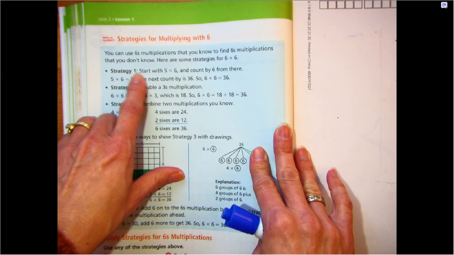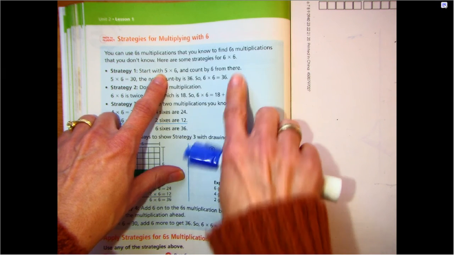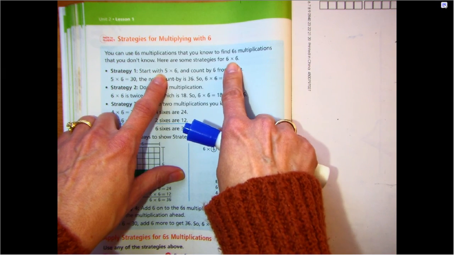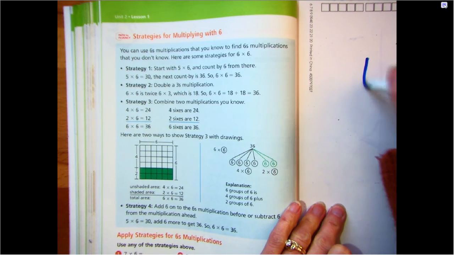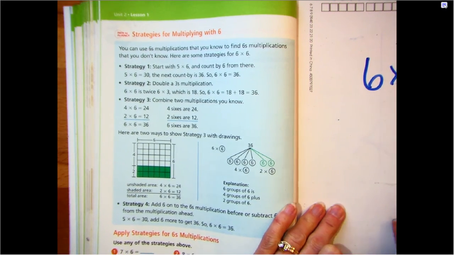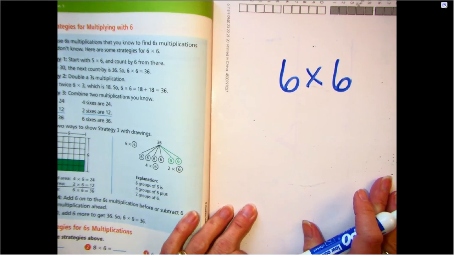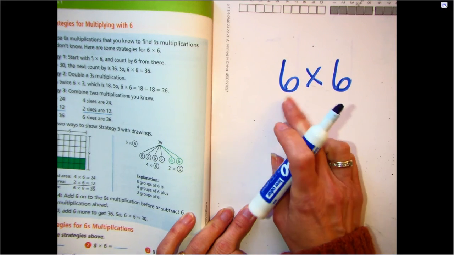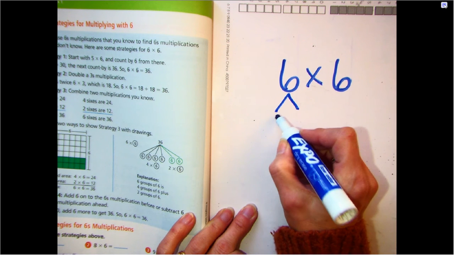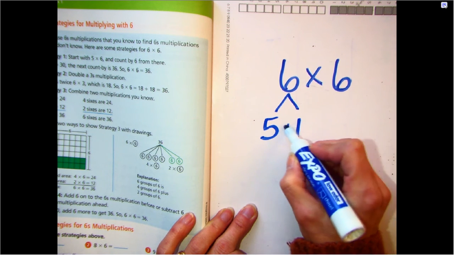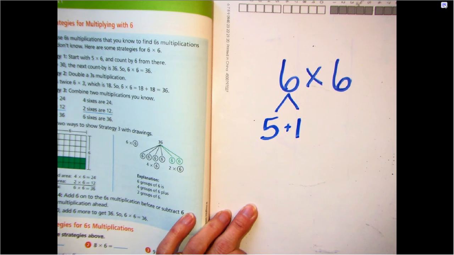Here's one way that you can remember how to do it. So let's say you're going to try to figure out 6 times 6, okay? So I'm going to write that over here. 6 times 6. That would be 6 groups of 6. Okay, well, if I think about it, I can split my 6 up into a 5 plus a 1, right?